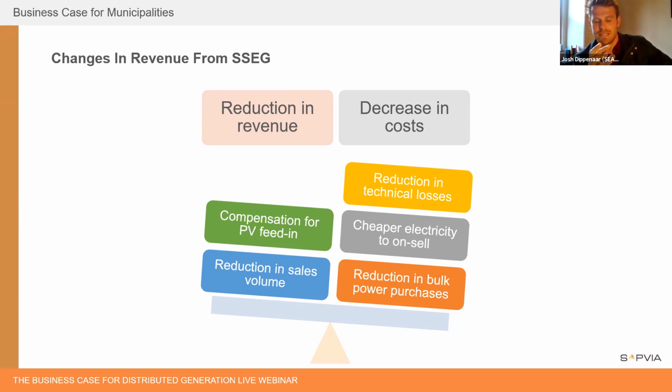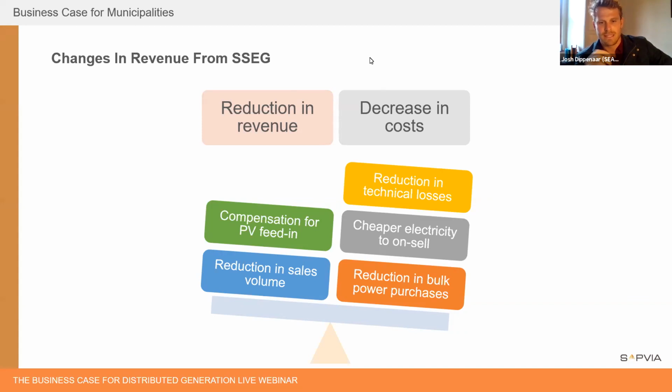The green block says that when the customer feeds into the grid, then the municipality needs to compensate them for that electricity. But on the other hand, that also is a decrease in cost, because that electricity they can then on-sell to the next door neighbor, and that's cheaper than buying it from Eskom. And then the fifth major revenue impact is the reduction in technical losses, because when solar PV feeds into the grid, the distance traveled is from the panel to the next door neighbor's house and then selling it into that meter.